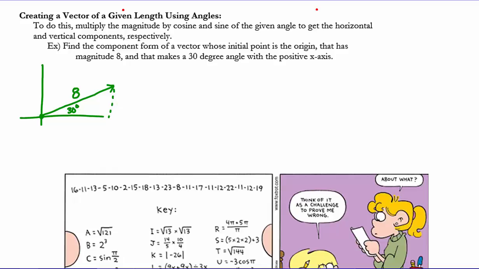My y component would be here, my x component would be there. I just do a little bit of SOHCAHTOA. And I say, well, y over 8 equals sine 30, right? So y equals 8 sine 30.